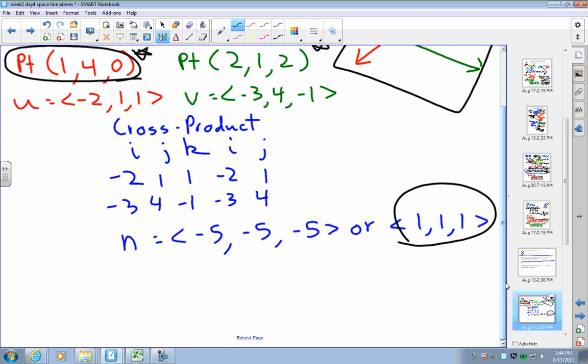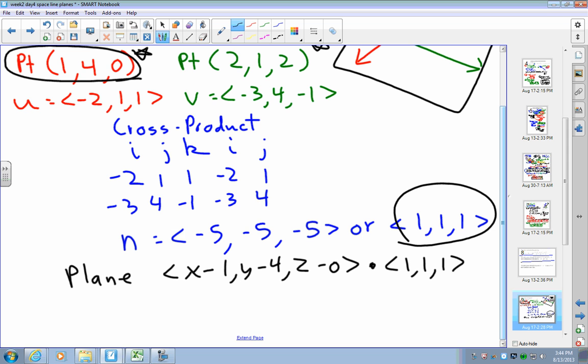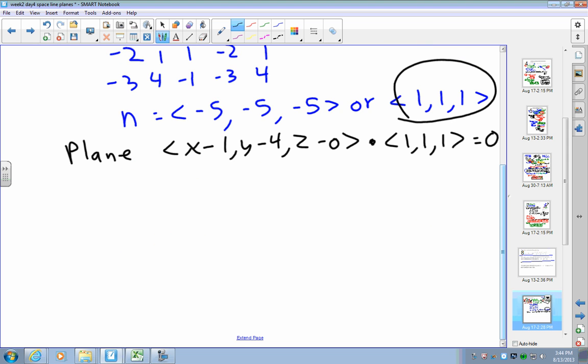Okay? So again, my plane then would be, if you like thinking of the definition, (x minus 1, y minus 4, z minus 0) dotted with (1, 1, 1) needs to equal 0. That's the whole definition.